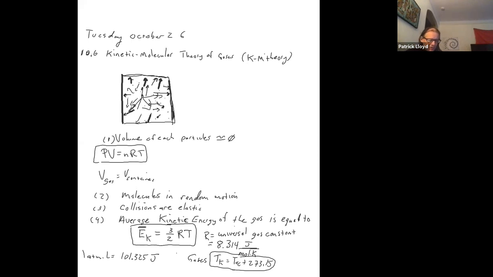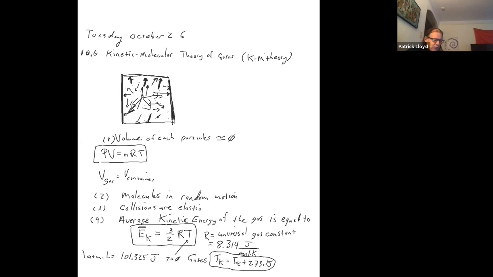Suppose we were to put in temperature is 0. You would get 0 average energy, right? And that kind of makes sense. If none of the molecules are moving, or at least the average velocity is 0, on average, they wouldn't be moving at all. So this equation in that context kind of makes sense.